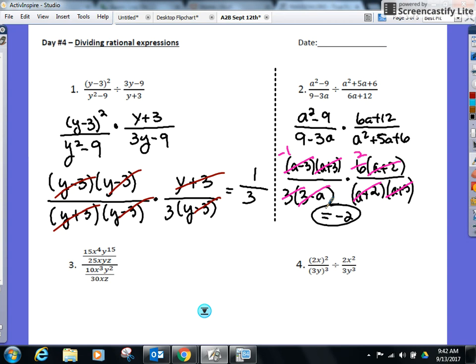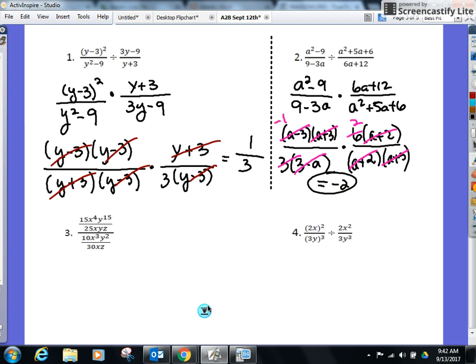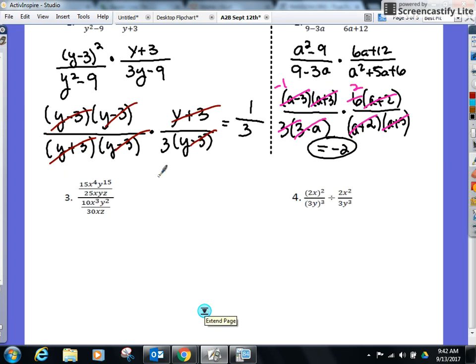How's everyone doing? Getting a little nervous with 3? You just don't like it because it looks different. That's all. I hate to break it to you. You're going to be like, oh, should have known that. Hey, this fraction bar right here, just another way to write what?